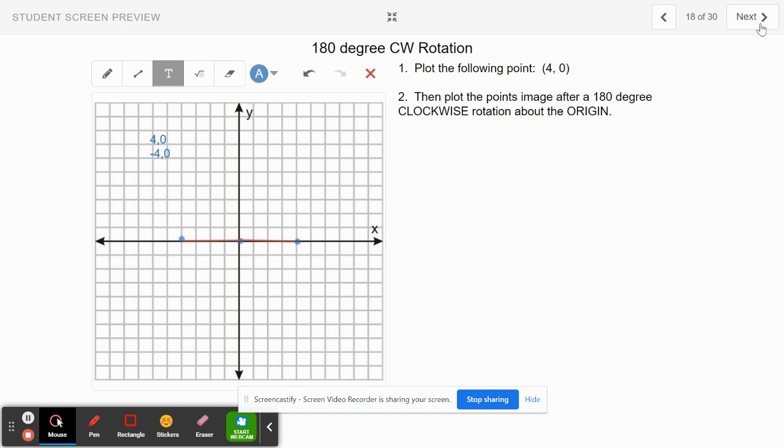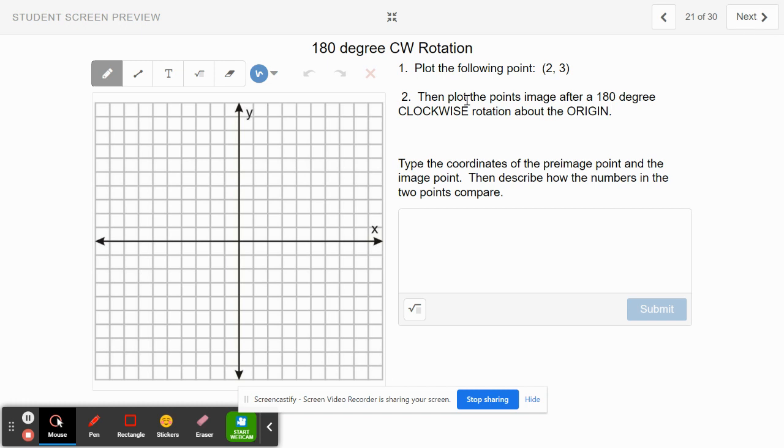So now let's see if we go to a point that has actually no zeros. All right, so let's plot that point, 2, 3, and we're doing it about the origin, so let's put the center of rotation. And instead of drawing a straight line connecting that, we're going to draw our L. Now we look at just this line that connects to the center of rotation, and that's 3 long.